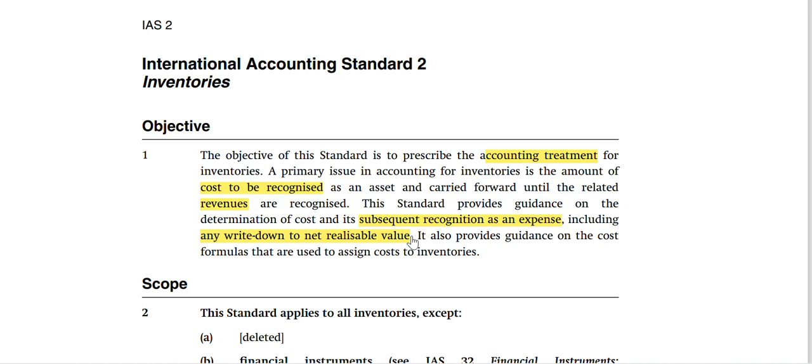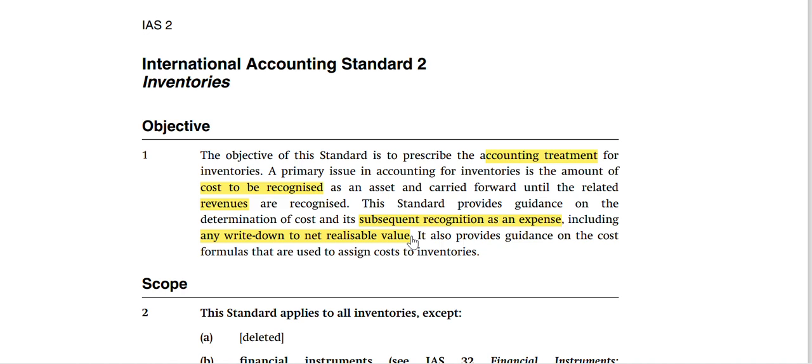Now that you have the inventory in your books, what happens if external or internal factors cause the value of inventory to be lower than when it was initially recognized? Now you need to bring the inventory to net realizable value, which is the value you expect this inventory is worth after these external and internal factors came into effect.